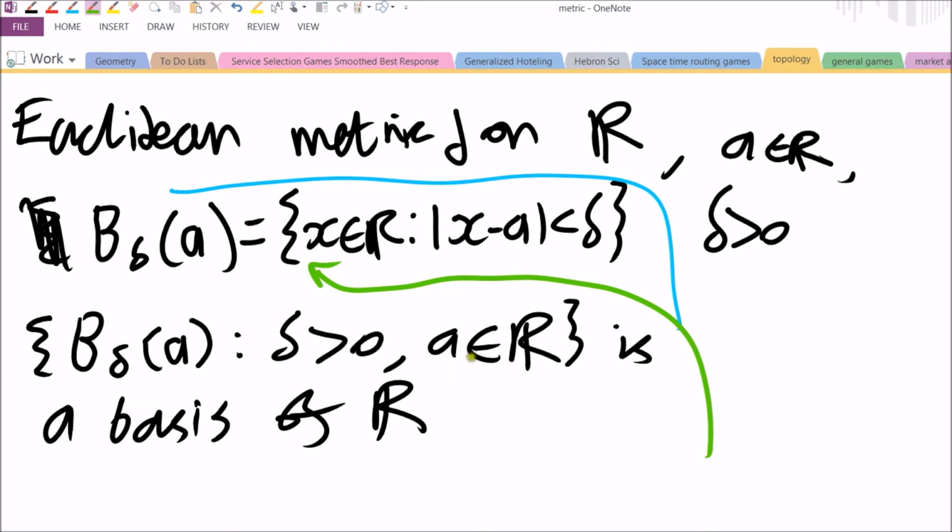Essentially, it's just equal to the open interval, A minus delta, all the way up to A plus delta. So the collection of all things like that is a basis for the real numbers. We discussed this again in lecture 3.